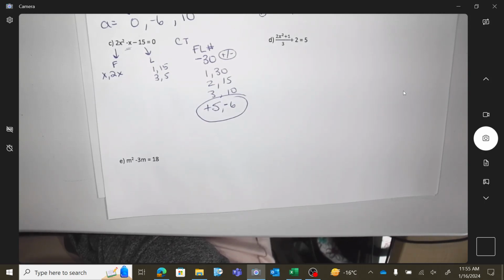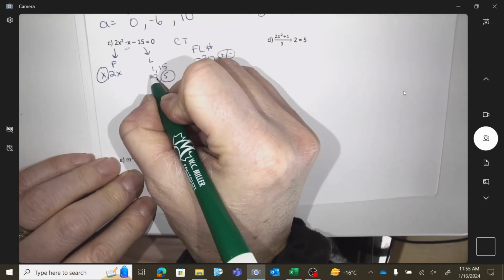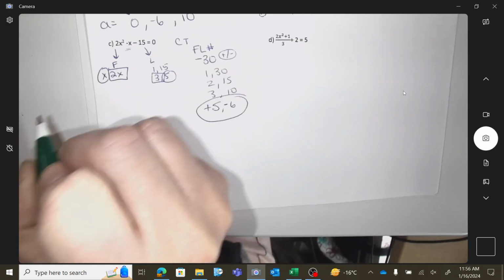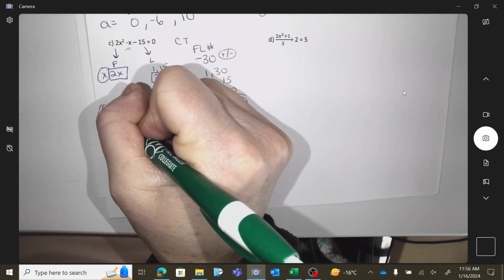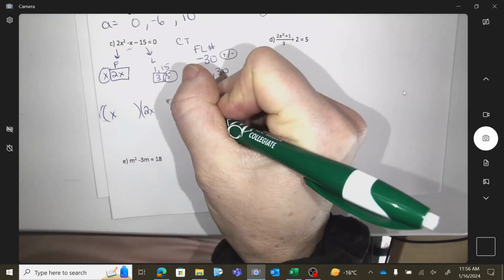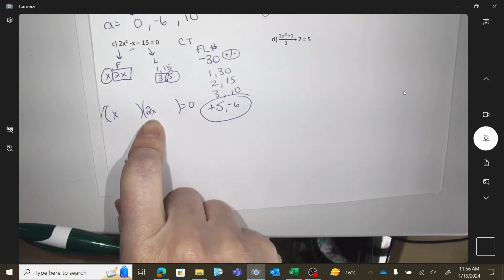Puzzle time, right? Make sure you get your partners to line up to make a 6 and a 5. Okay, sometimes this is the hardest part, the lining them up in their FOIL positions. First times first has to make 2x squared.